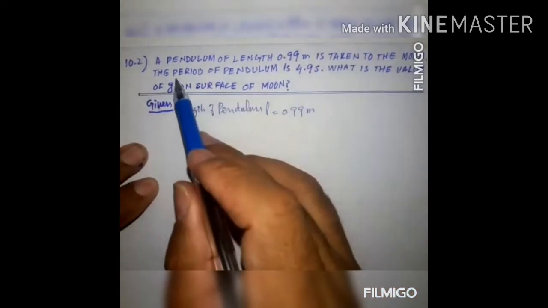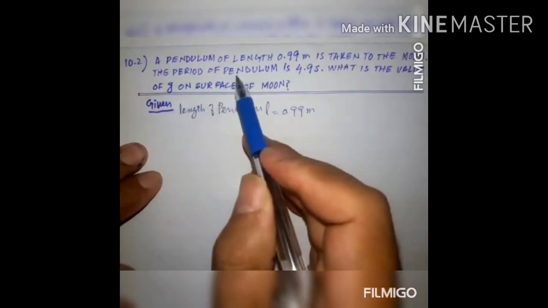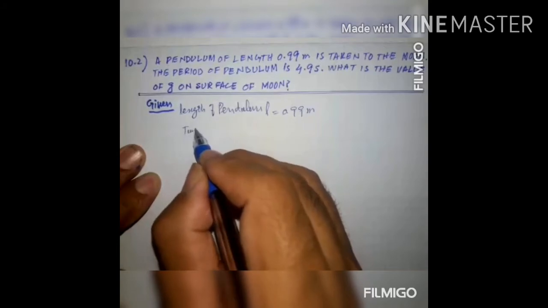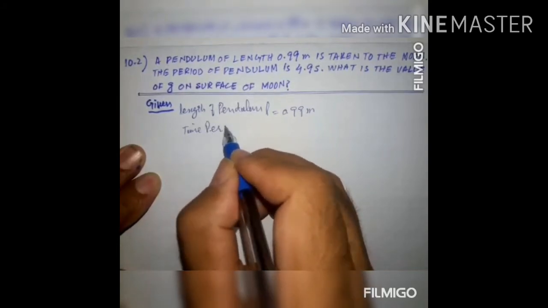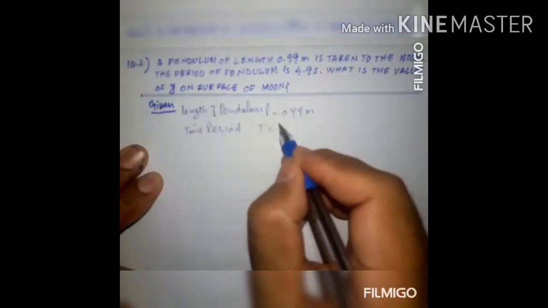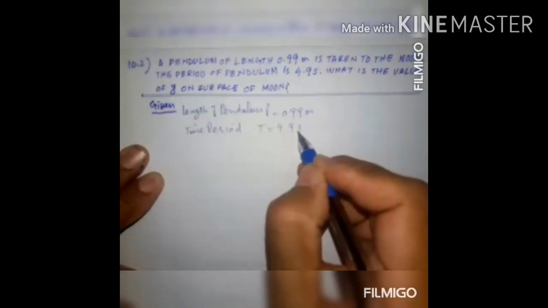Also given is the period of the pendulum, the time period T is equal to 4.9 seconds.